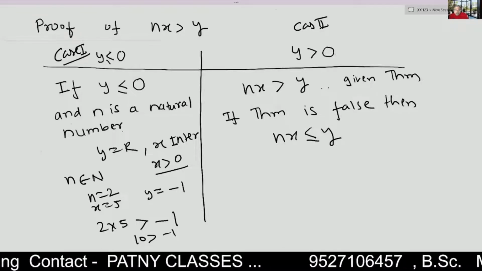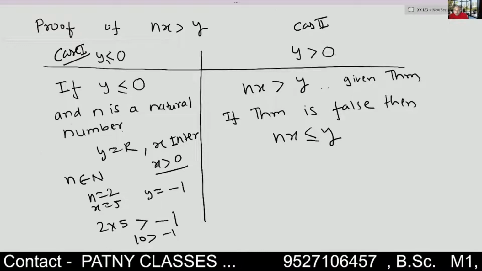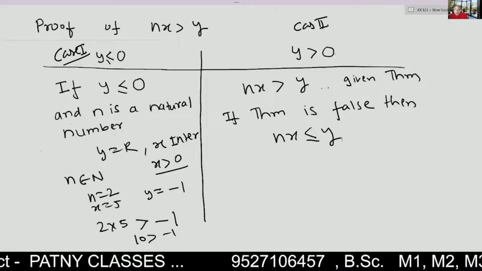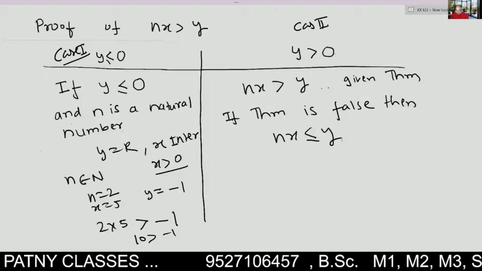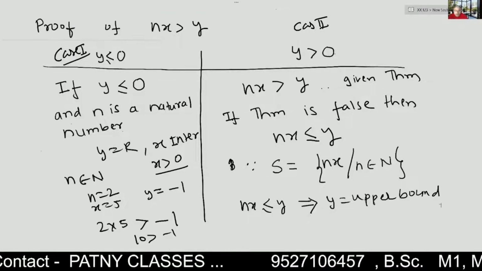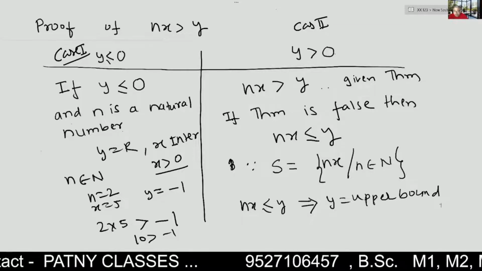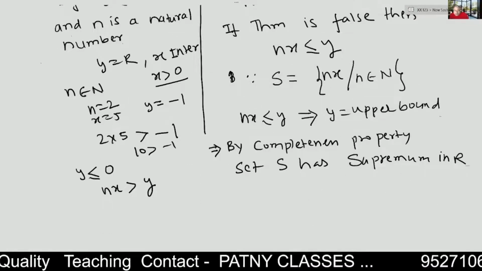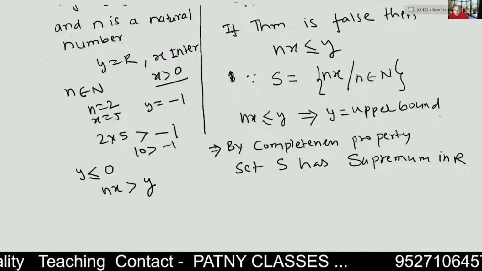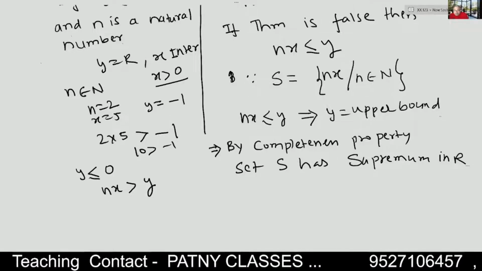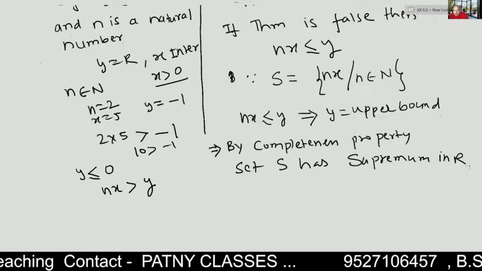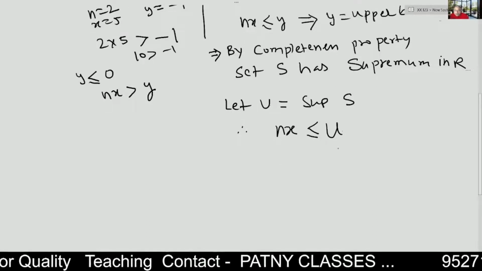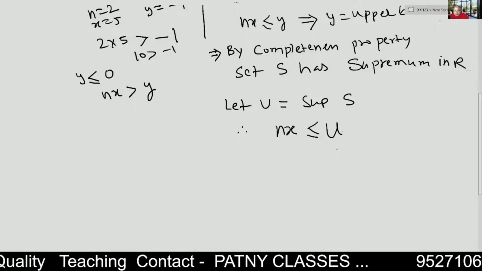But on the other hand, let us assume that the given theorem is false. In that case it gets reversed, that is, nx is smaller than or equal to y. If nx is smaller than or equal to y, then y would be an upper bound. Then by the completeness property, the set S must have some supremum in R. Let u be the supremum value of S. In that case nx will be smaller than or equal to u.